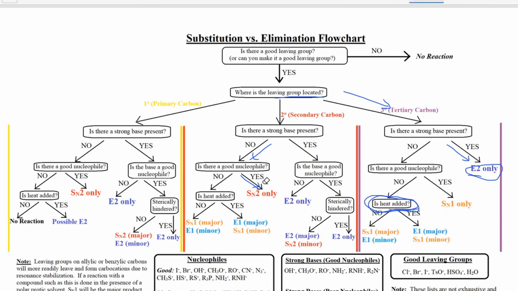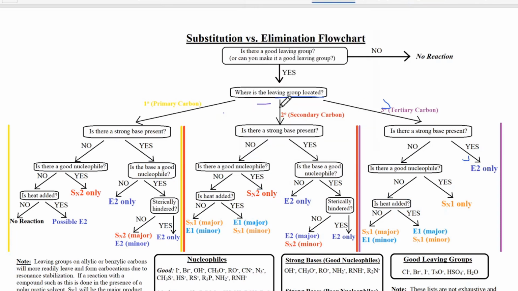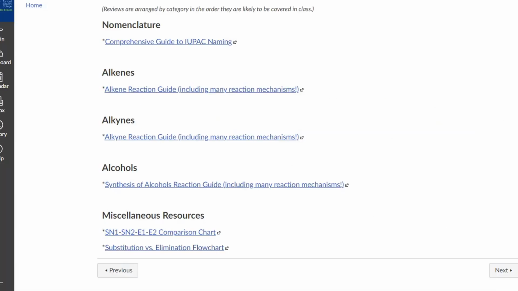Actually, I'm going to go ahead and erase all this trash. Okay. So yes, it's a secondary leaving group. Is a strong base present? No. Is there a good nucleophile? No. Is heat added? Well, probably.